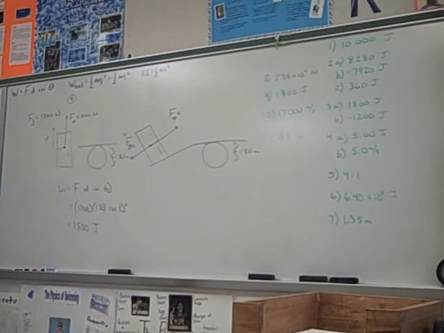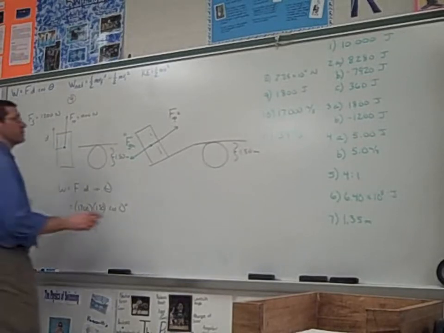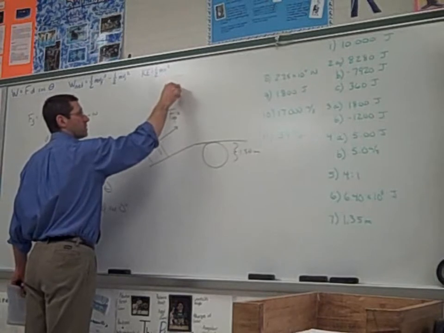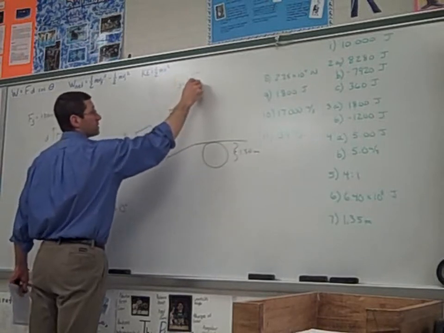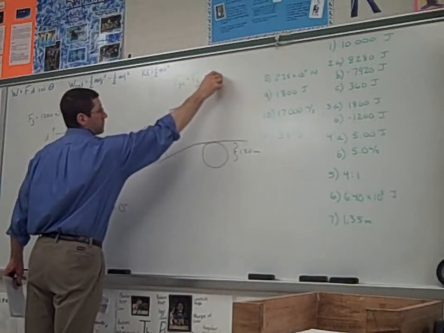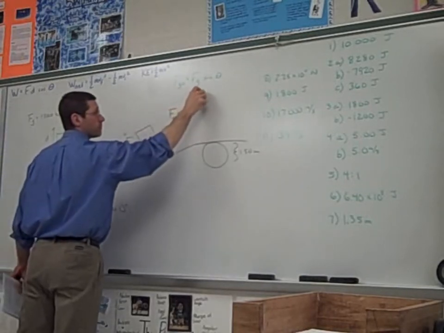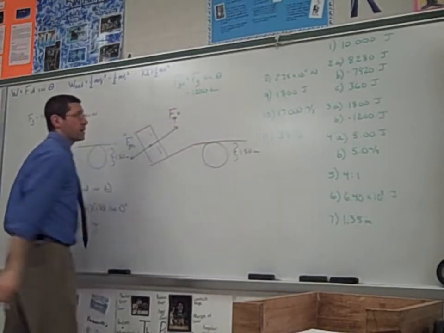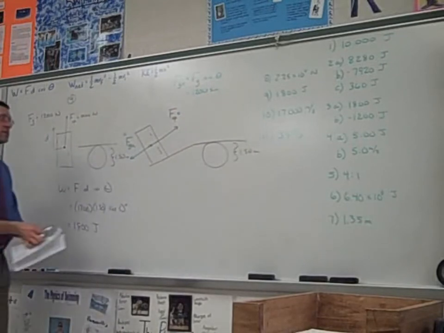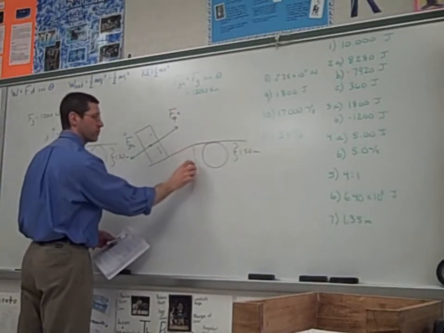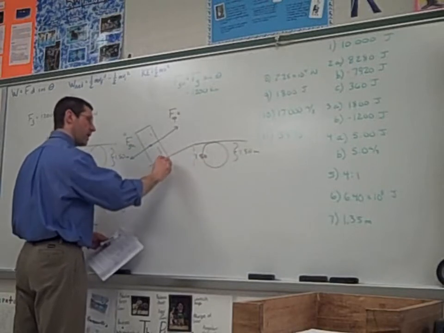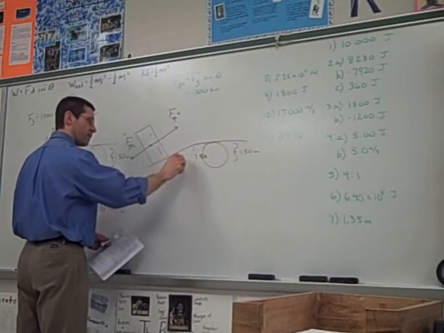So from the same reasoning we did in the last problem, Fgx will be Fg sine theta. So now you got 1,200 times the sine of an angle. Well, the dimensions of the ramp are such that this is 1.5, and the problem tells us this is 5.